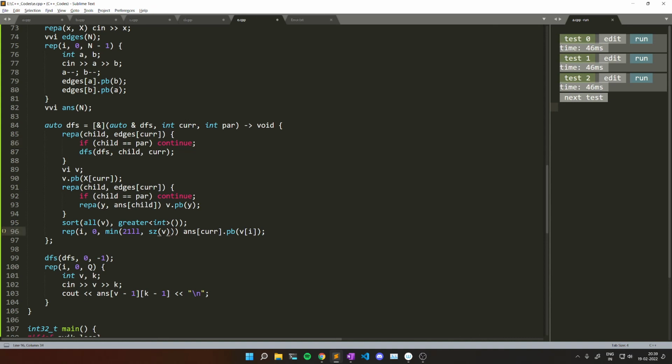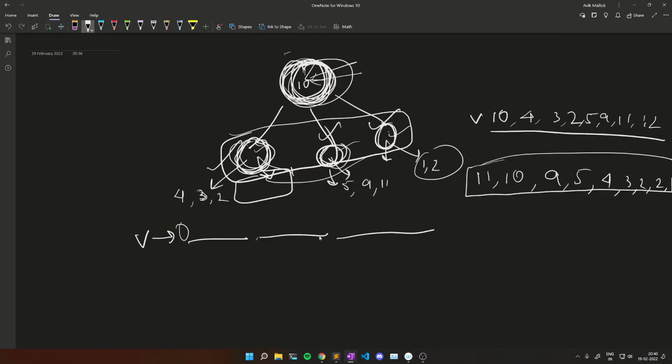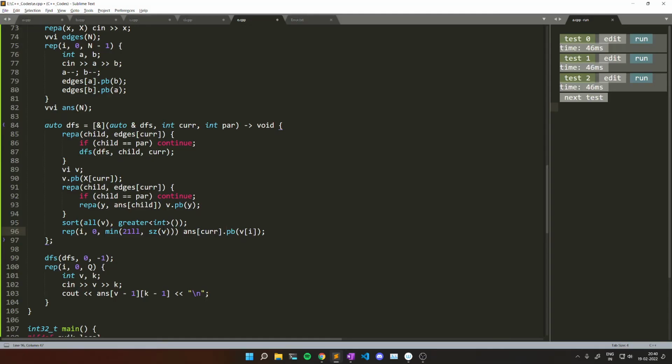Initially, after sorting this vector v, I put the whole vector v into answer of current, but I cannot do that because in that case I will get TLE. For 10 to the power 5 vertices, the size of this vector v will be very large, so we cannot store this many values, because this is a 2D vector answer.